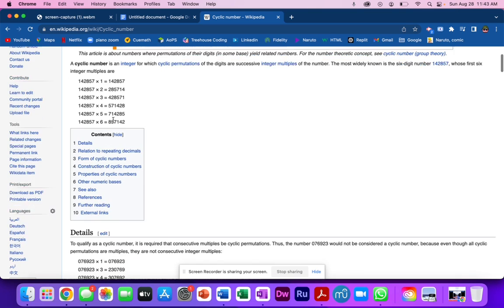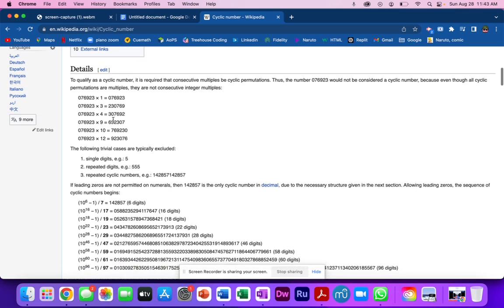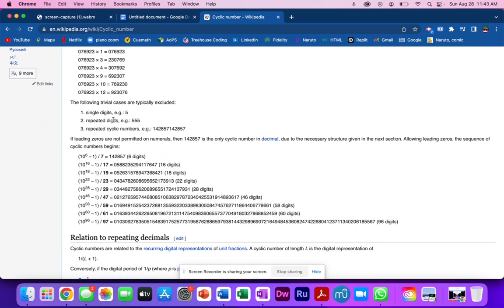It's a cyclic number. If leading zeros are not permitted in numerals, then 142857 is the only cyclic number, because after that there are going to be leading zeros.